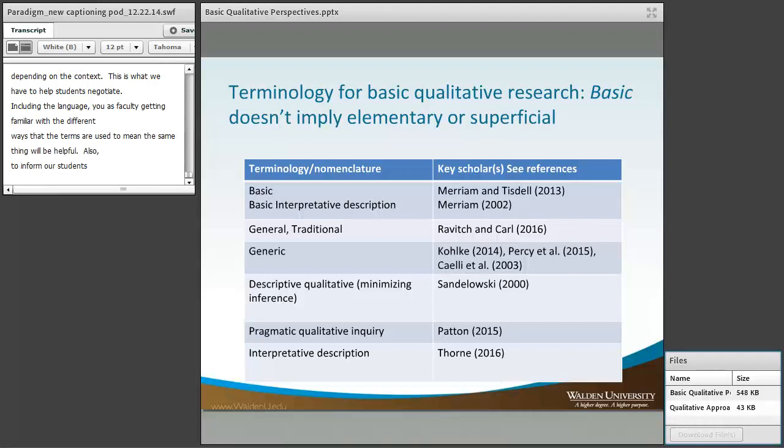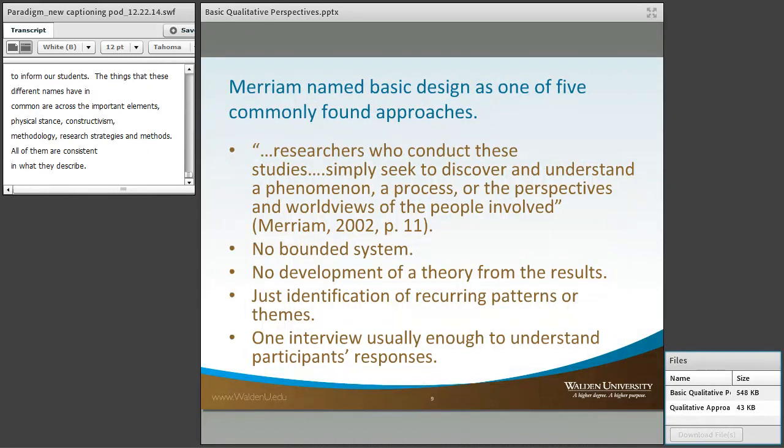The things that these different names have in common are across all the important elements: epistemology, theoretical framework or philosophical stance, like constructivism; methodology, in other words, the research strategies; and then methods, the particular techniques. All of them are consistent in what they describe, and that we'll get into next.